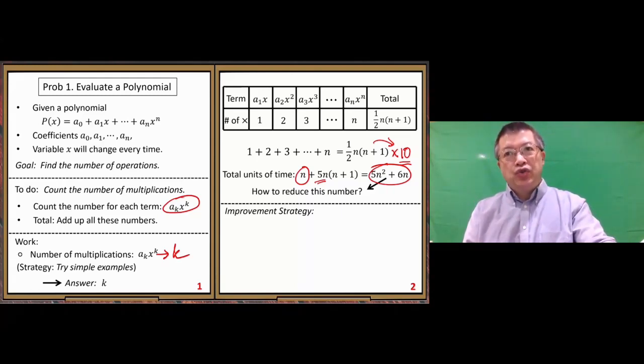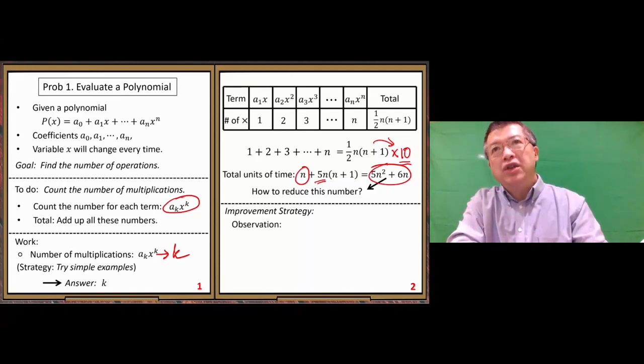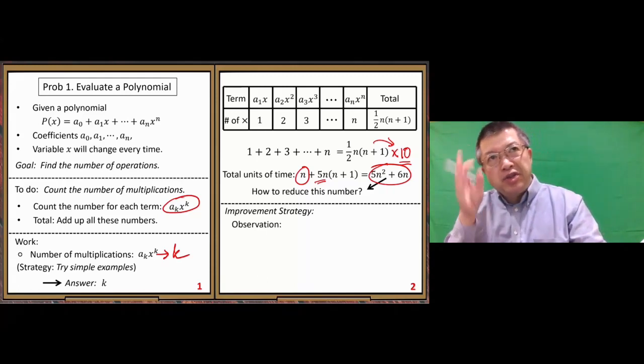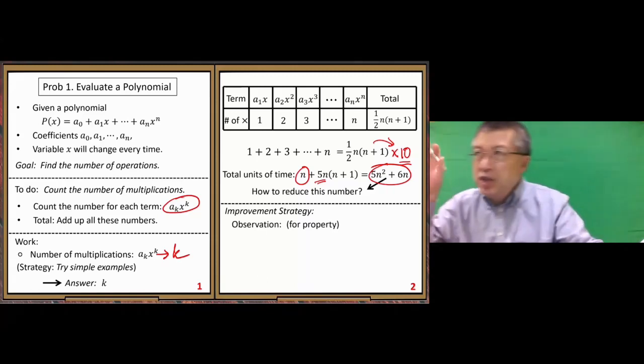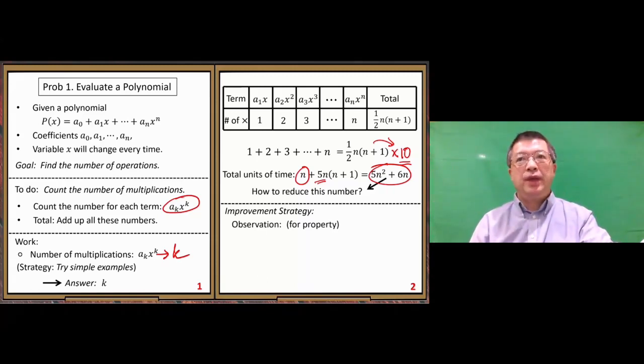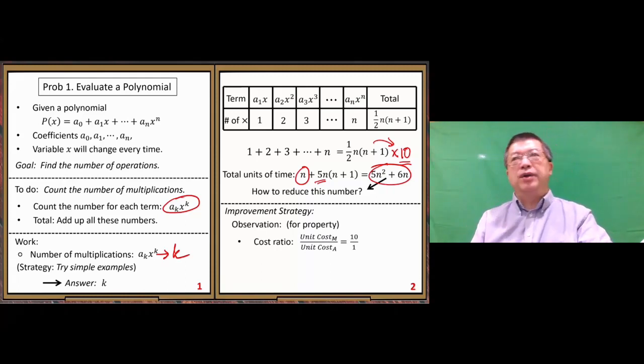In this situation, usually we rely on our observation. Observation is very important. You should have very good observation if you want to be a good problem solver. For the observation here, we want to find some important property. So let me point out this critical part: cost ratio.